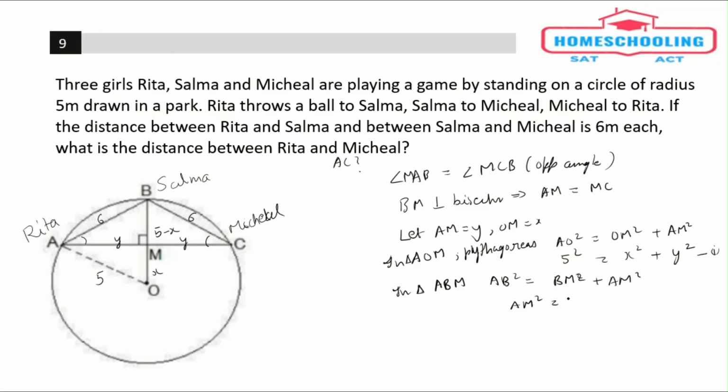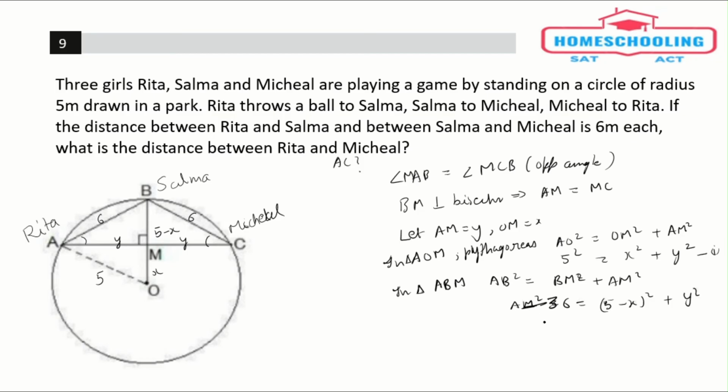AB square is 36, BM is 5 minus x square, plus AM, which is y square.